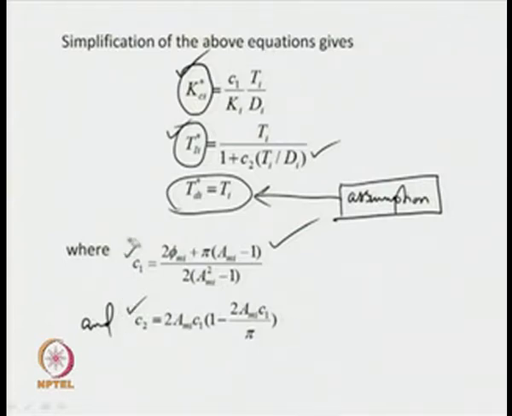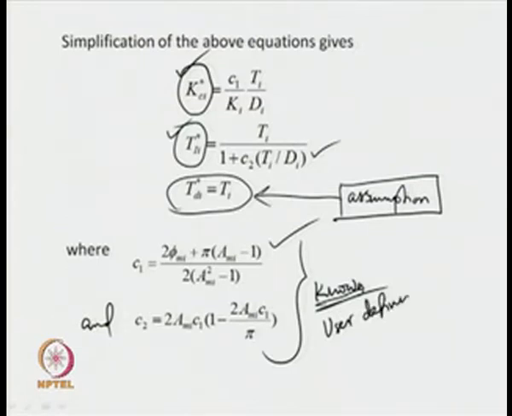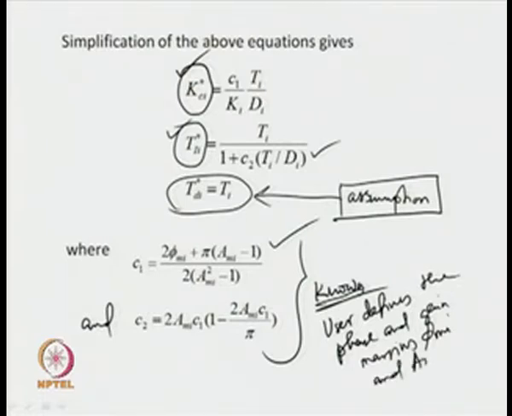Now, what are known and unknown in this case? Let us see again. C1 and C2 are known to us. When the user defines the phase and gain margins, given as phi mi and ami, these are known, because the user has to define these phase and gain margins.